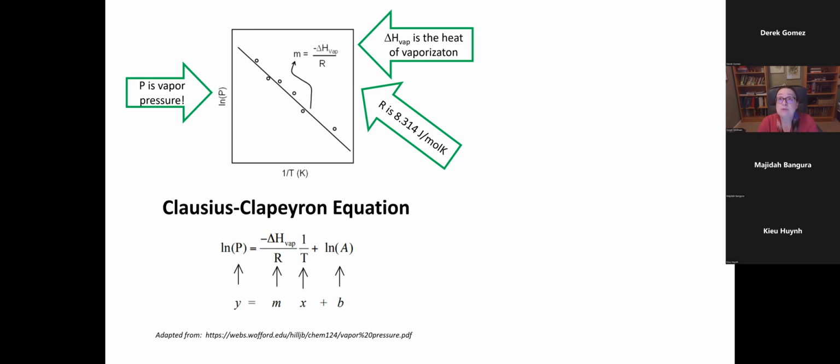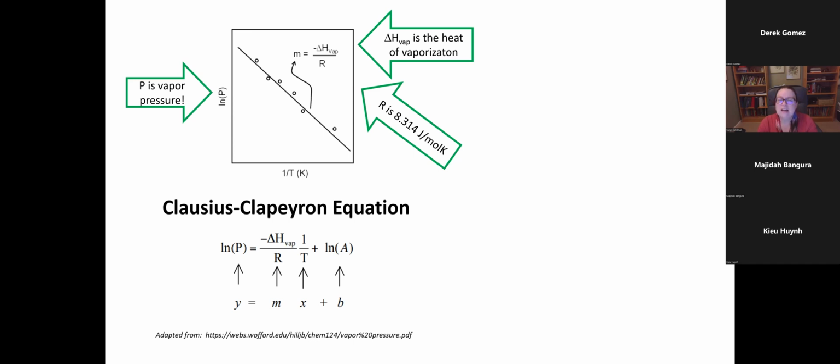Our x variable was 1 over temperature. Our slope, the m, is the negative heat of vaporization divided by R. And then there's a y-intercept, the b. In our equation of a line, there's always a b. It's the natural log of some number, and that really doesn't have any physical meaning. That's not really helpful.